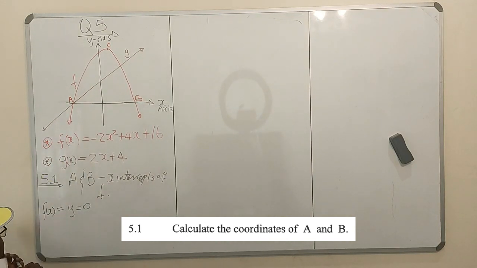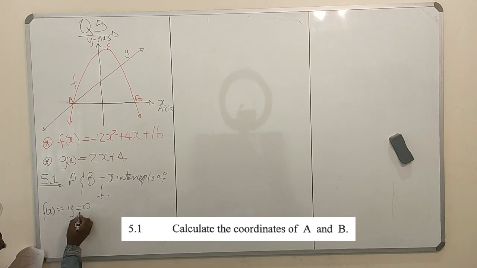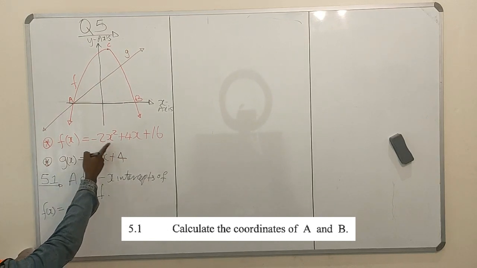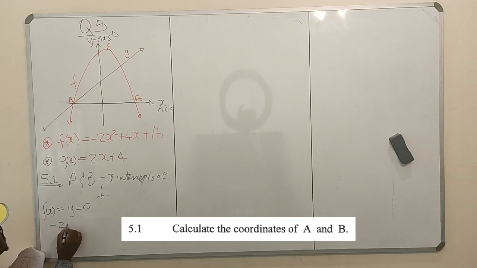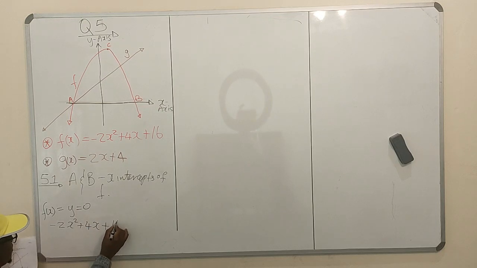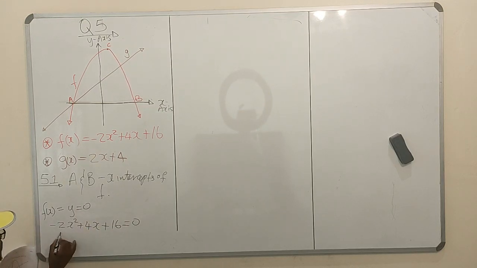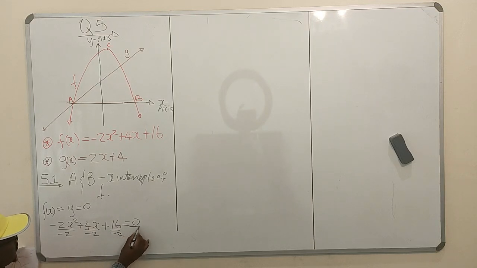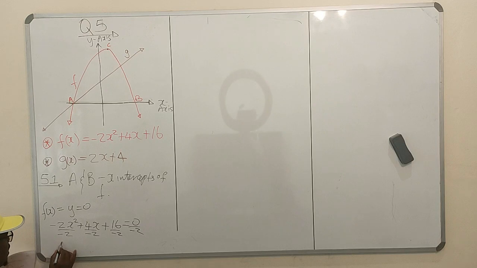So you say, okay, f of x equals 0. What is our f of x? Our f of x is minus 2x squared plus 4x plus 16 is equal to 0. Then divide by minus 2 throughout. So what do you have?